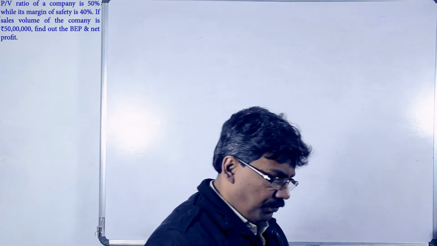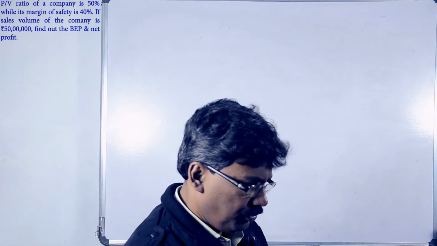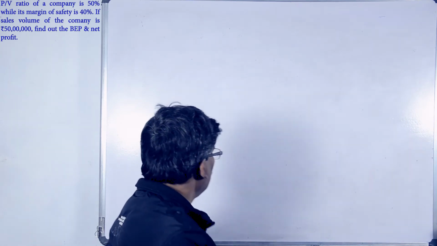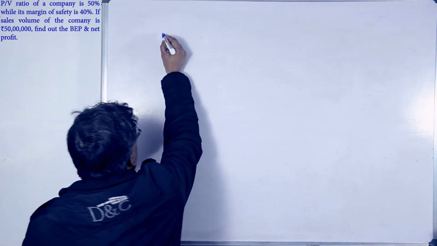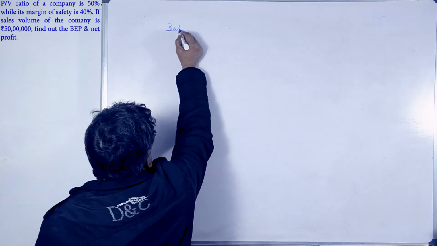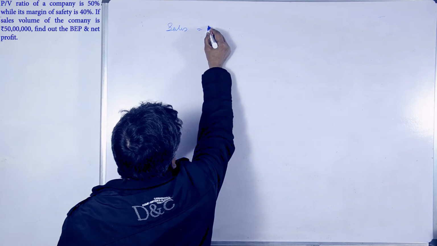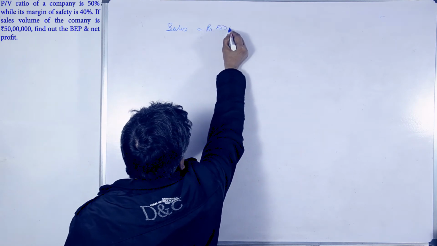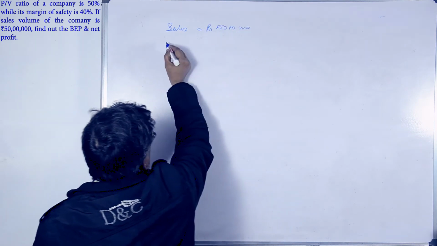Let's take another problem. In this case, profit volume ratio of a company is given 50%, margin of safety is given 40%, sales volume is given 50 lakh. Find break-even point and the net profit. Then 50% is PV ratio and margin of safety is given 40%. Sales equals rupees 50 lakh.